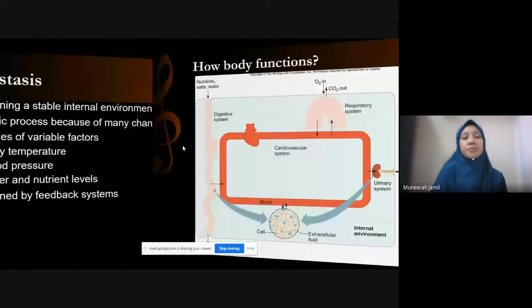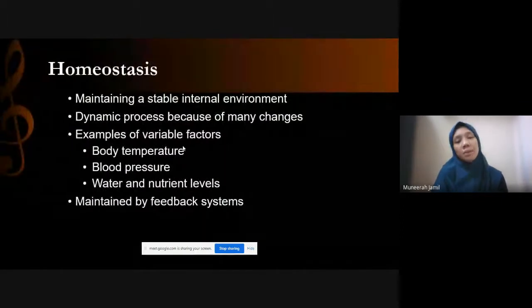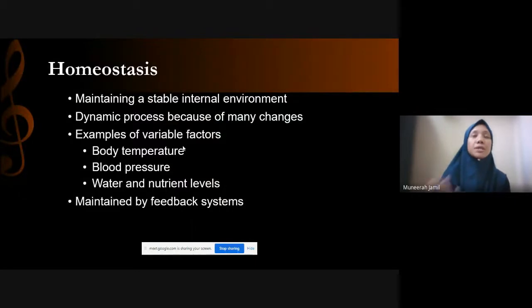Okay. All right, now let's talk about homeostasis. So homeostasis is basically a process where the body is trying to maintain a stable internal environment. So it always happens in the body's internal environment. It is a dynamic process, because many changes can happen.